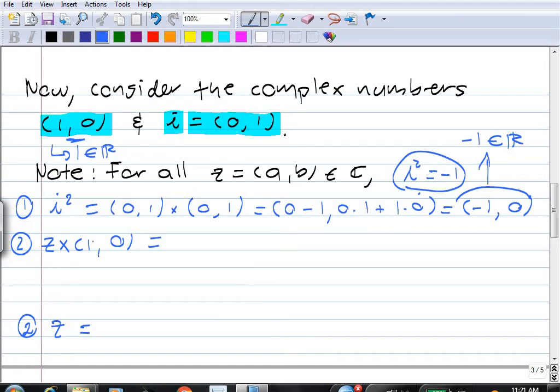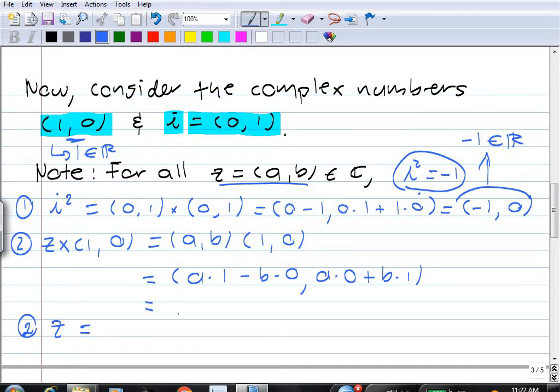So, if we take any complex number z = (a, b) and multiply it with (1, 0), what are we going to get? Well, it's the complex number (a, b) times (1, 0). So that's a times 1 minus b times 0, and we're going to have a times 0 plus b times 1.